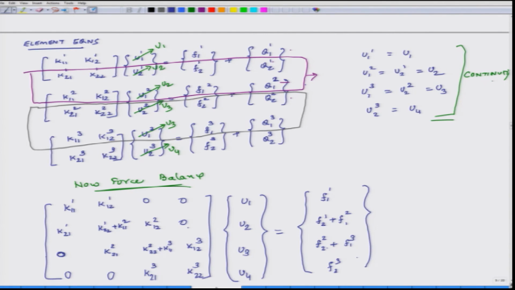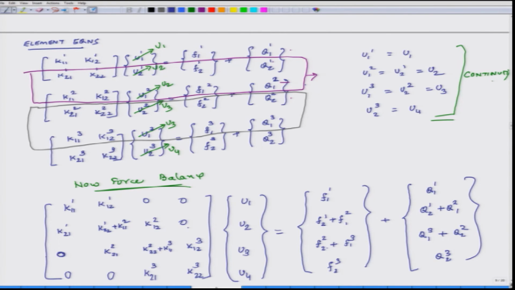So, this is the matrix related to external forces, and then I have Q11 and then Q21 plus Q12, and then this is Q13 plus Q22, and this is Q23, right.